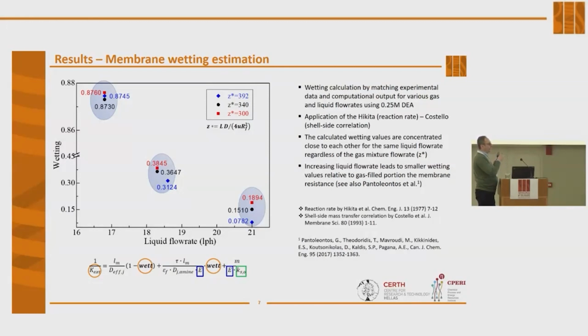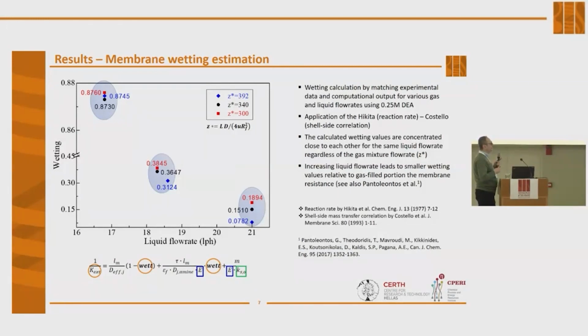The wetting value should be high to catch up with the incorporation of the enhancement factor. In the next months, we will do a parametric analysis of enhancement factor in the membrane pores to see what happens.